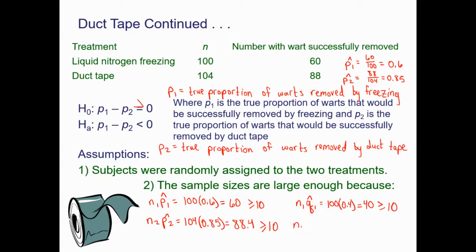Then we have N2 Q2 hat. It's going to be 104 times 0.15, which equals, what's that?